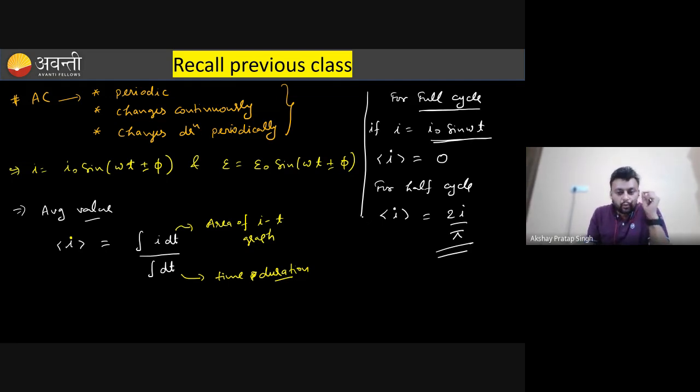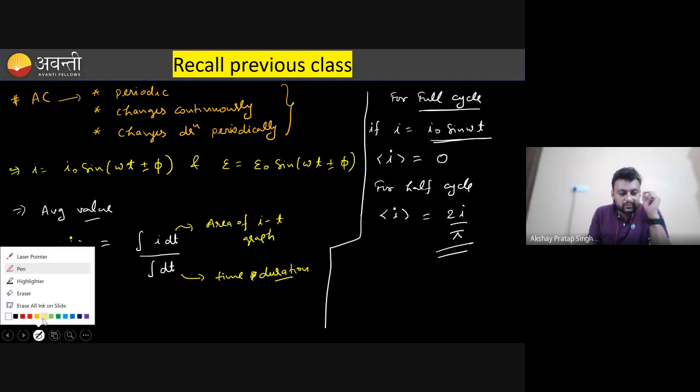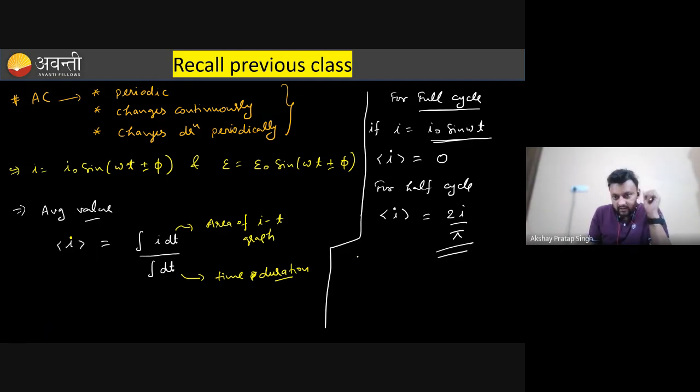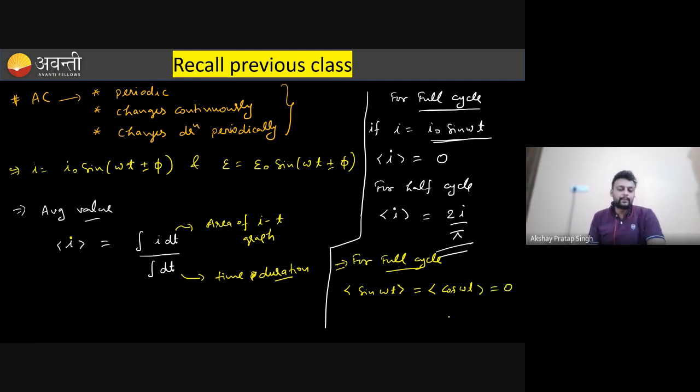Now there were few more punchlines that you should always remember. For full cycle, average value of sine omega t is equal to average value of cos omega t, and these two values are zero.